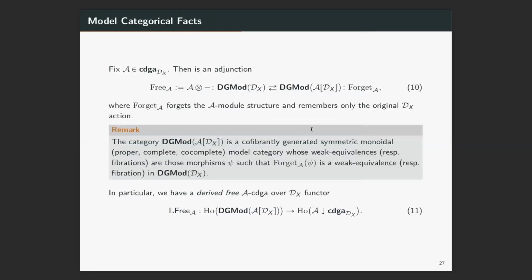So some more facts: you have another adjunction that exists, and you can use this to transport further a model structure to our local modules. Now they're DG. Okay, and so all is the same. The weak equivalences are the quasi-isomorphisms, and fibrations are just inherited from this free-forgetful adjunction. And so we can take derived functors between these. When you take a derived functor, in the standard sense, you're just taking a fibrant replacement or cofibrant replacement.